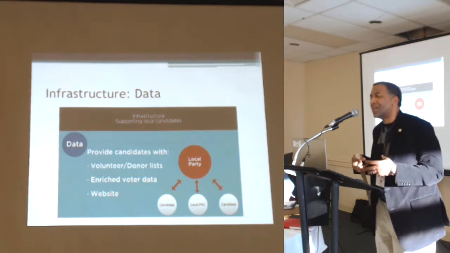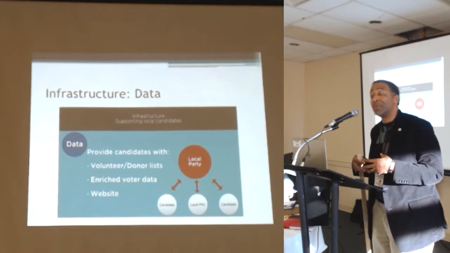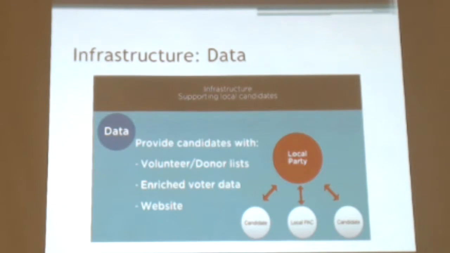And the key of all that, again, is you're communicating, which means you need data about the people you want to reach out to. So in the context of a party, you have to be able to provide data to your candidates.